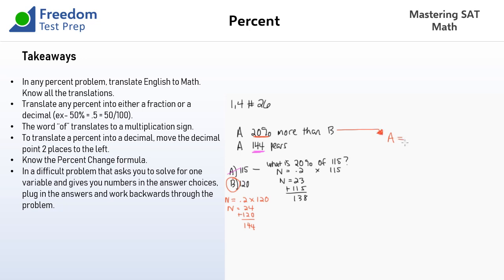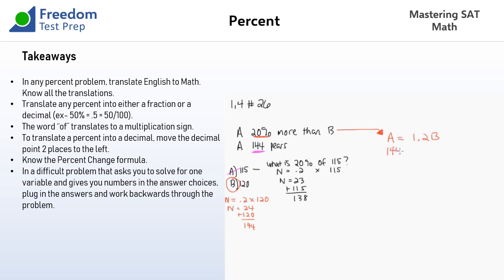Well, you say A is 20%, which is 0.2, more than B. You kind of feel like maybe you want to add it, but really what you're going to do is you're going to do this. I'm just going to show you what the answer is, and I'm going to explain it. So this 1 represents 100% of A in addition to the 20% of B that we're adding on to the A. And then we know that A is 144.